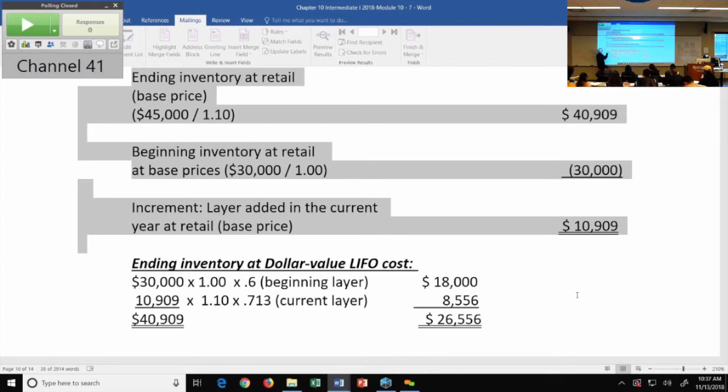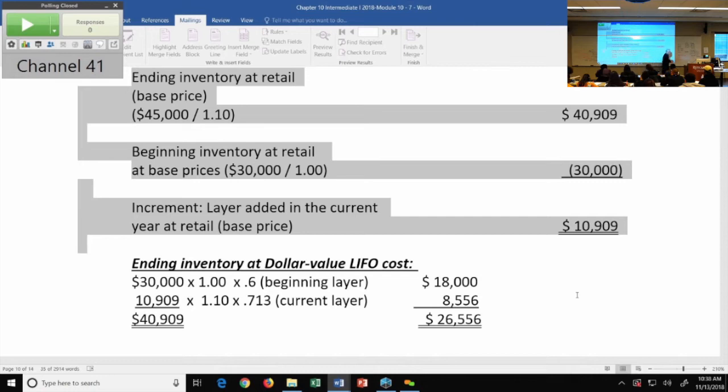So what you need to do is to take retail at base year, then you have your price index, and what you don't see here, I'm going to put right up here for you, is the result.